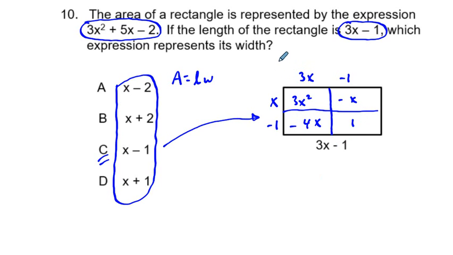So all together, we're going to get 3x squared, and negative x plus negative 4x will be negative 5x, and plus 1, which is not our area here.